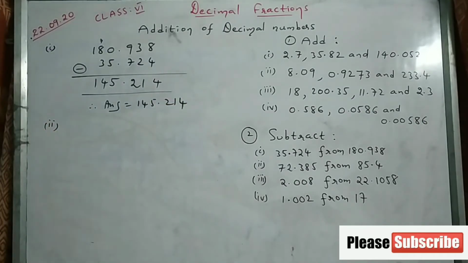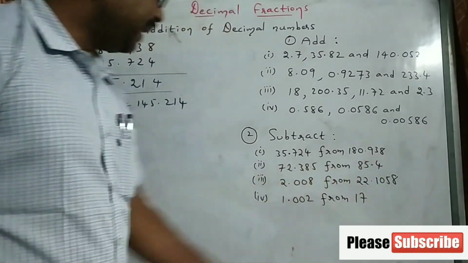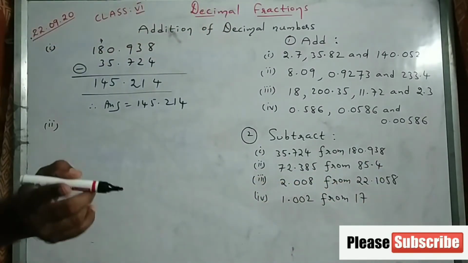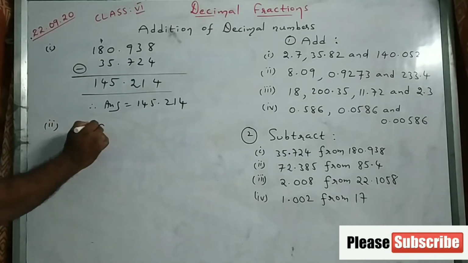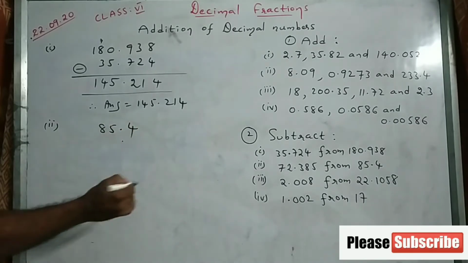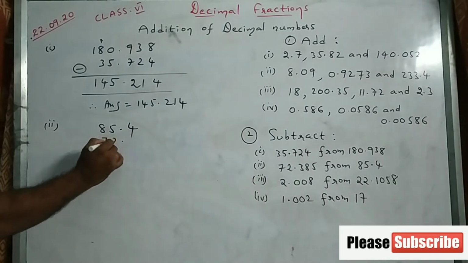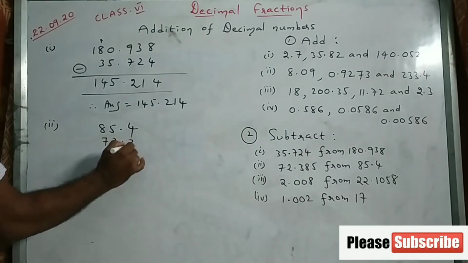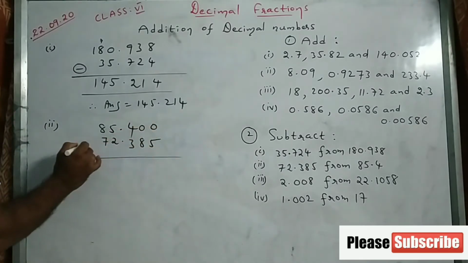Second one: 72.385 from 85.4. Always remember, we subtract small numbers from big numbers. So 85.4 you write as it is. Point. Before the decimal what do you have? 72. After the decimal 385, which means the other two digits are zeros.